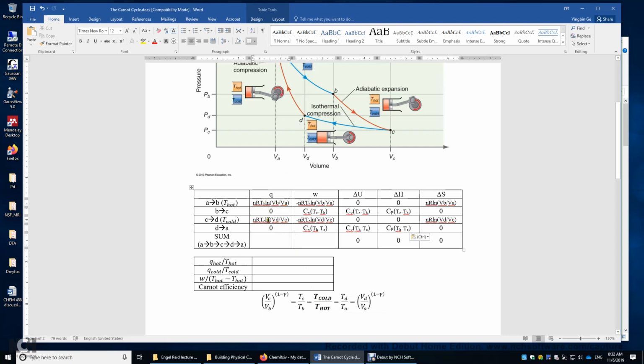Therefore, we can actually combine these 2 terms as well. It's just because, again, this term, ln Vb over Va, equals negative ln Vd over Vc. So I'm going to combine these two terms. Nr is a common factor, and actually ln VB/VA is also a common factor.